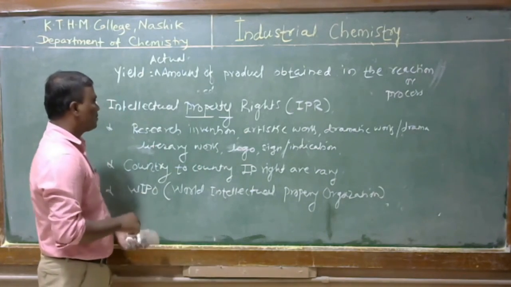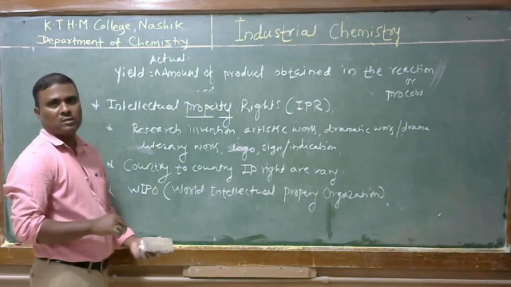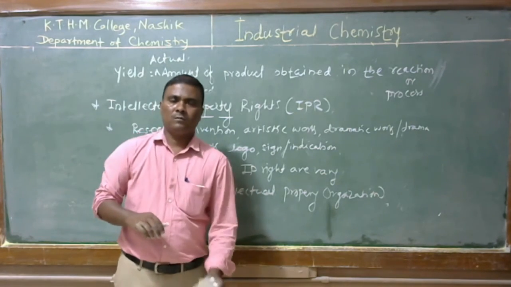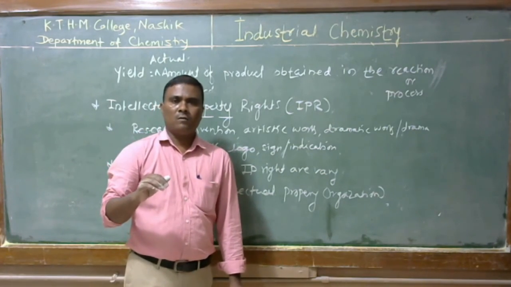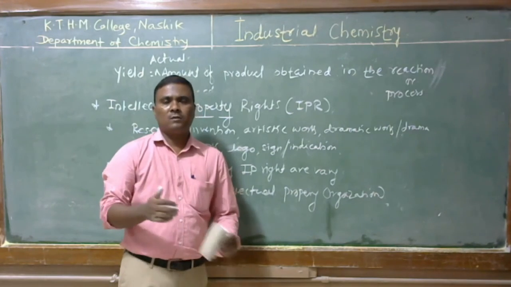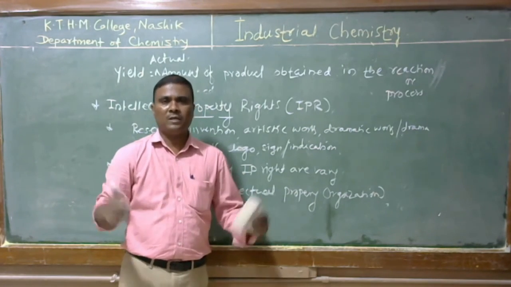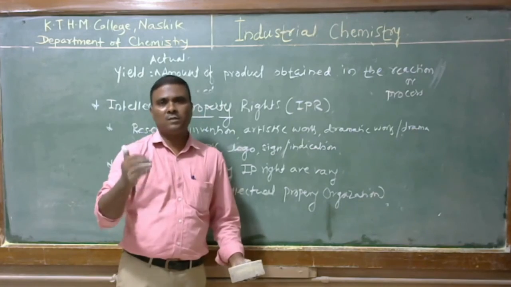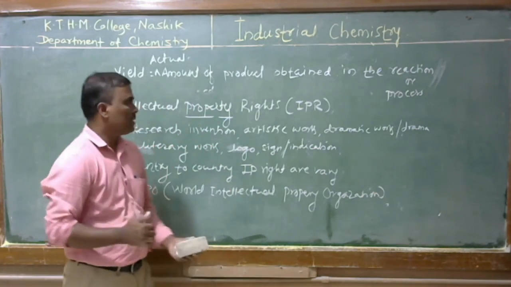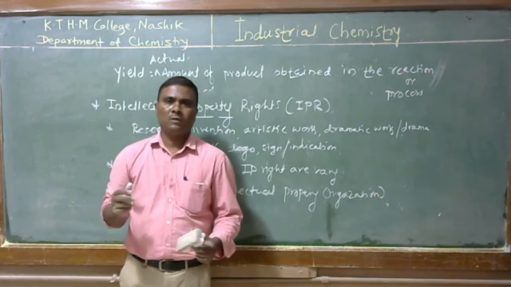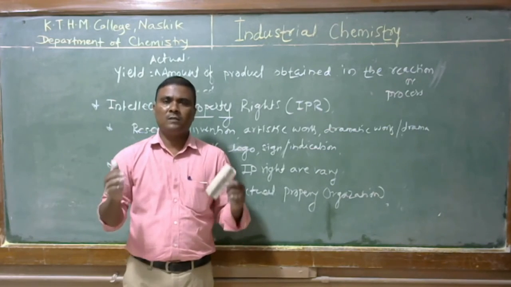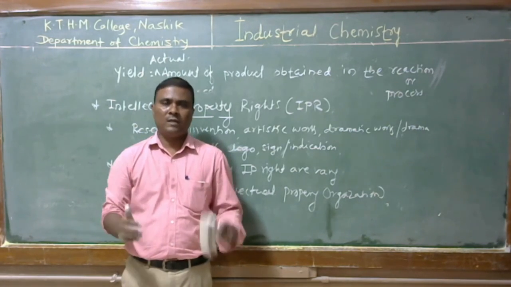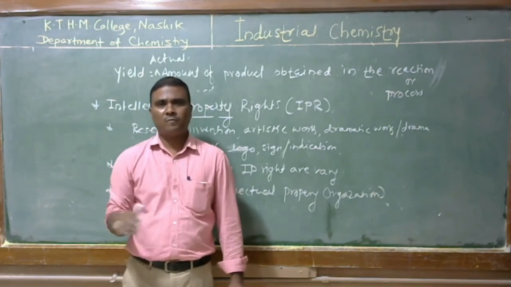So in that context, we are going to discuss some of the points. What are the different types of IP rights, and what are the terms involved in the IP rights? Basically, there are two types of rights. One is the industrial property rights, and another is the copyright.